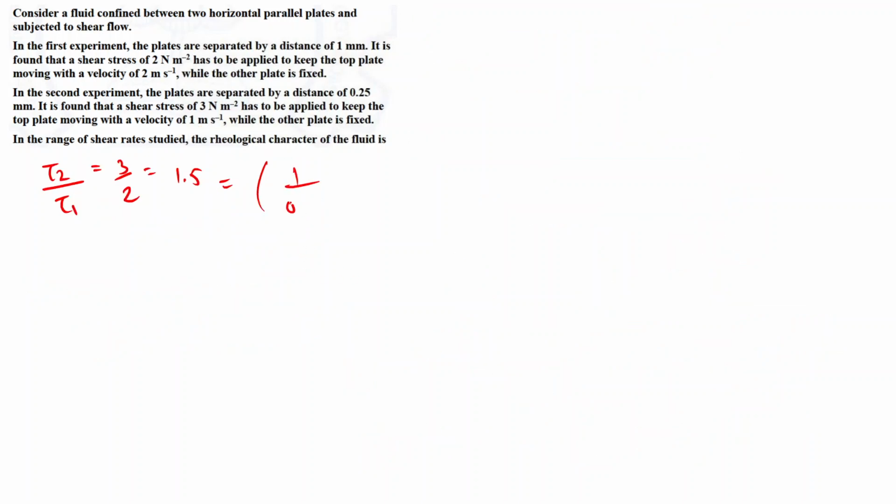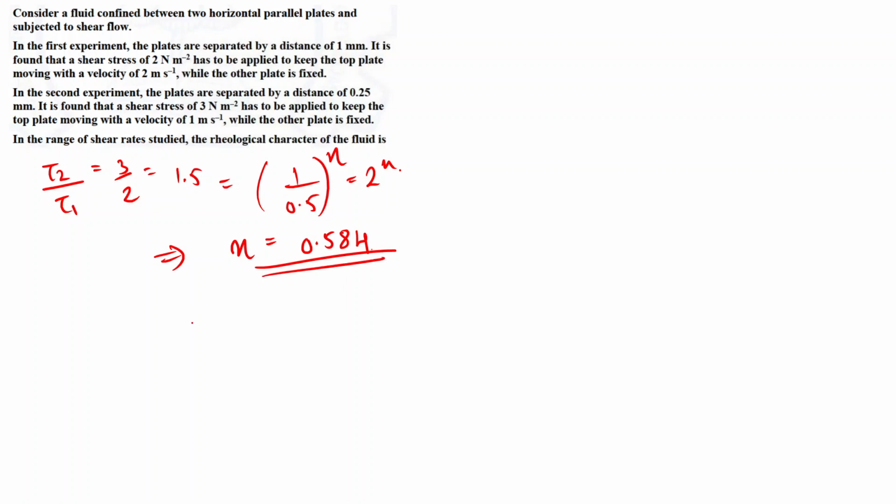That will become 1 upon 0.5 raised to n, which is equal to 2 raised to n. So from this we can take log and find the value of n, and it will become n is equal to 0.584.